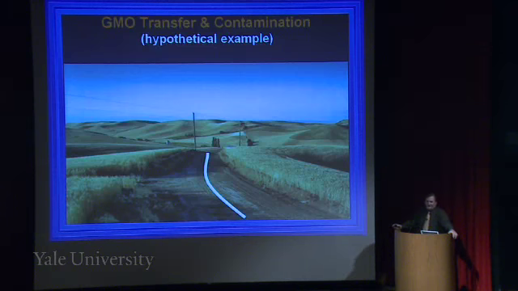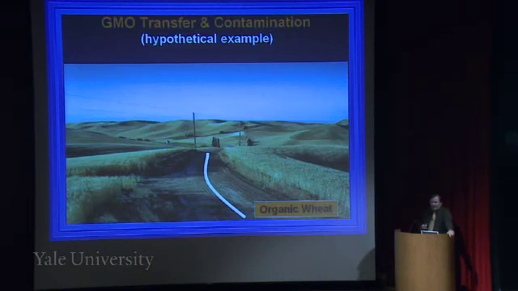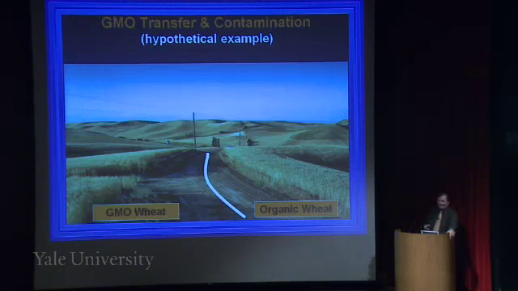And farmer A owns the property on the left and is growing wheat, and farmer B owns the property on the right and is growing wheat there. And let's say on the right it's an organic wheat, and on the left it's GMO wheat. The question is, does the farmer on the right suffer potential negative consequences from the fact that he's right next door to somebody using genetically modified wheat?